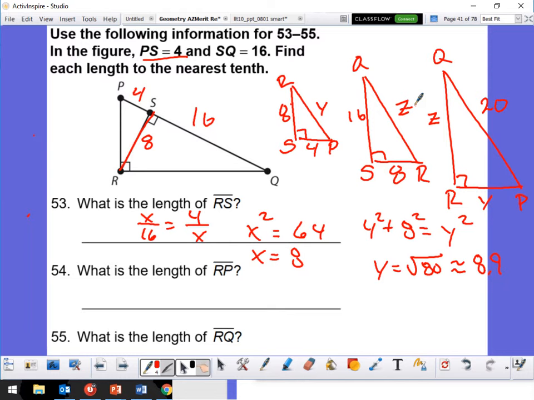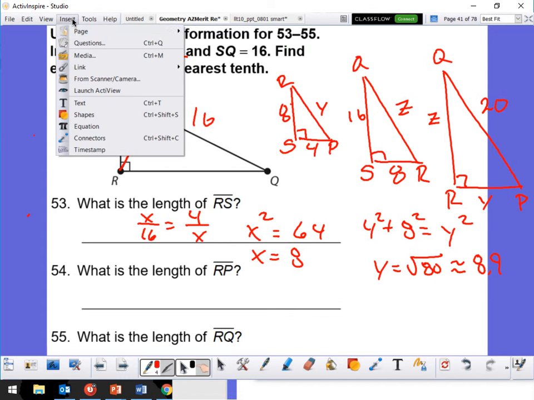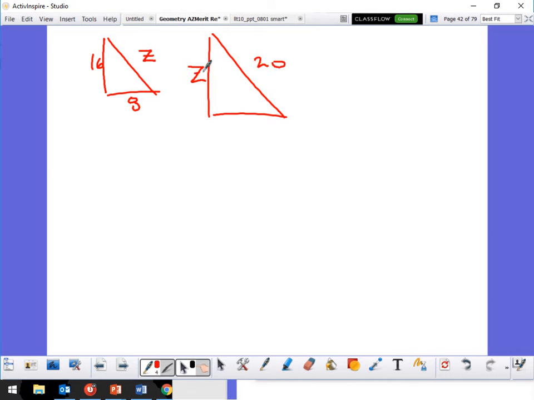So I'm going to insert a new page and set this one up. It was like this, and it was 16, 8, and Z. My other one over here was Z, 20, and square root of 80.